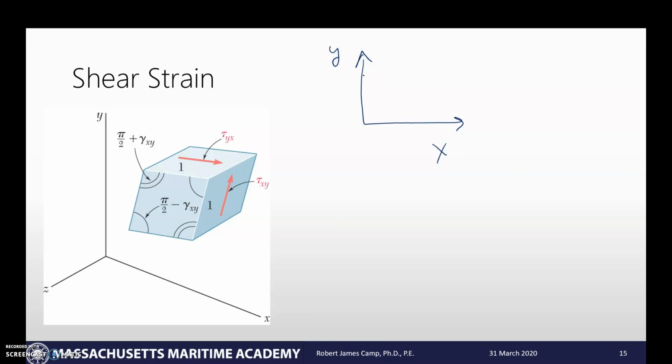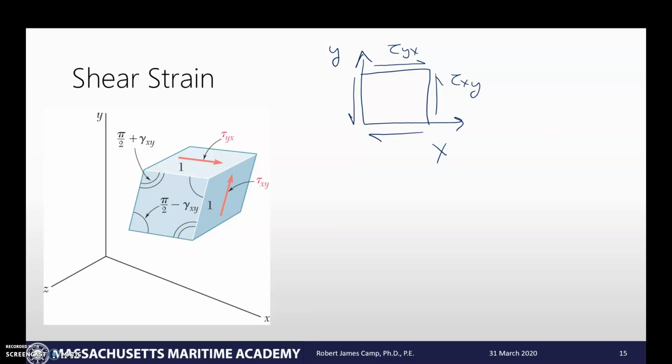So here's yx. Here's my element. And then I have tau yx, tau xy, and then actually I do have them on the other side on the 2D element to completely nullify anything out. And so what happens?